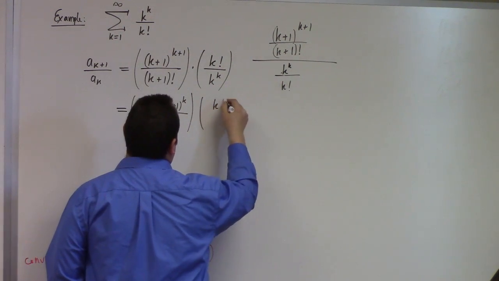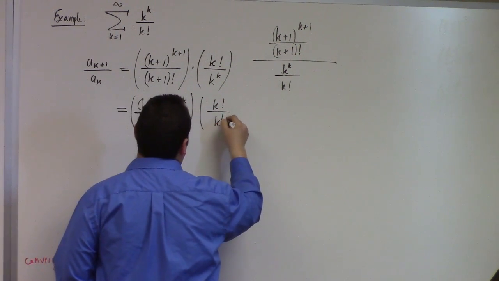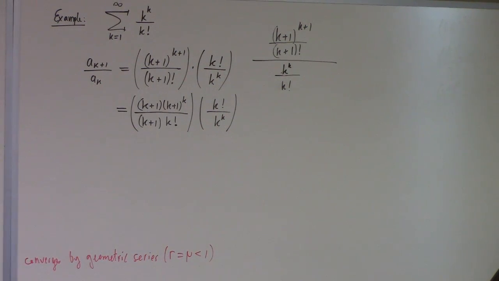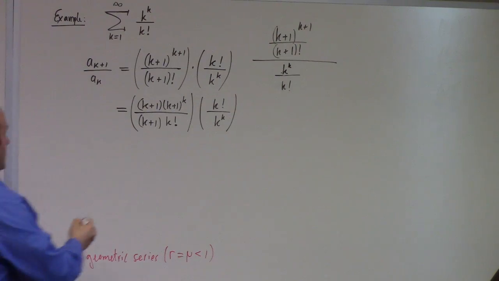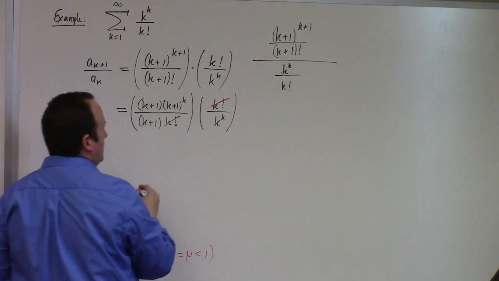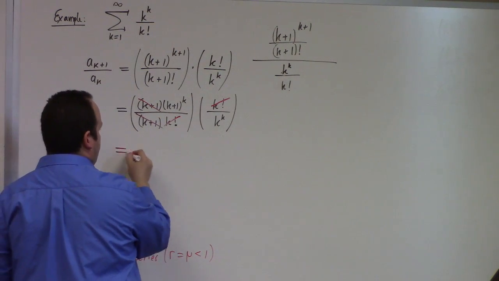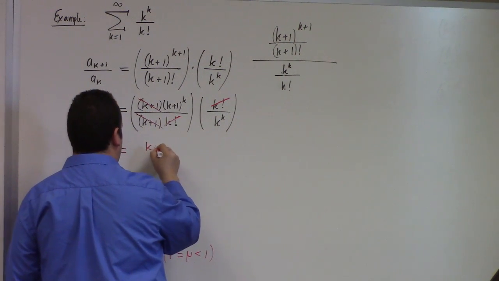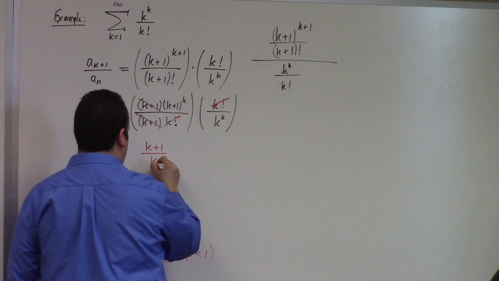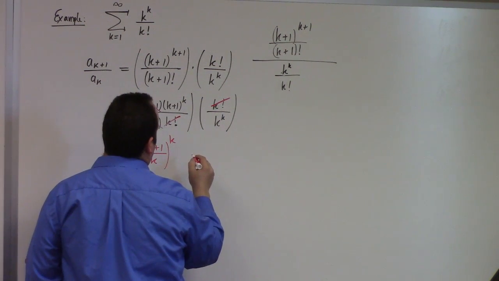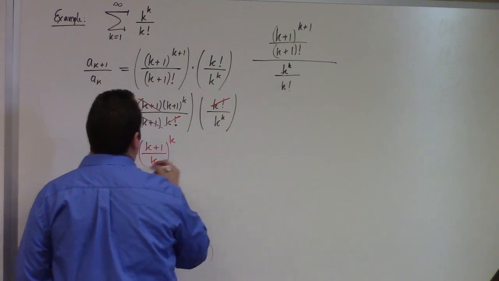And this other one is still k factorial over k to the k. But there are some wonderful cancellations: the k factorials cancel, k plus 1 and k plus 1 cancel, and you can re-express this as k plus 1 over k to the kth power. That's all that's left.